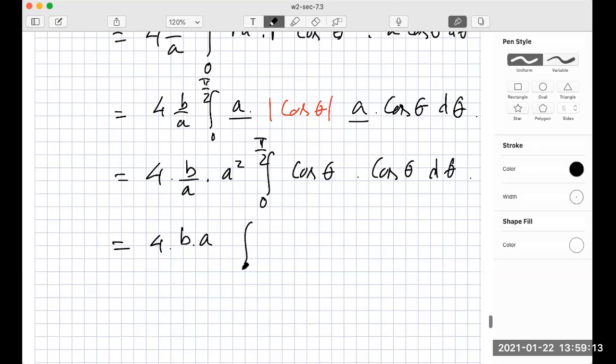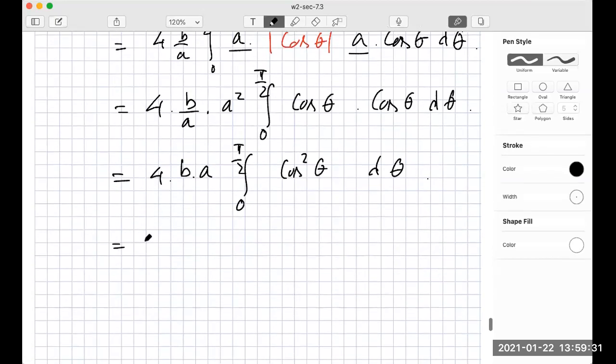Okay. Here, what should we do? Which formula should we use? Yes, it is. Thank you. Go back to the trig formulas. Thank you, Conan. That is a good point. It is 1/2 times 1 plus cosine 2 theta, right?